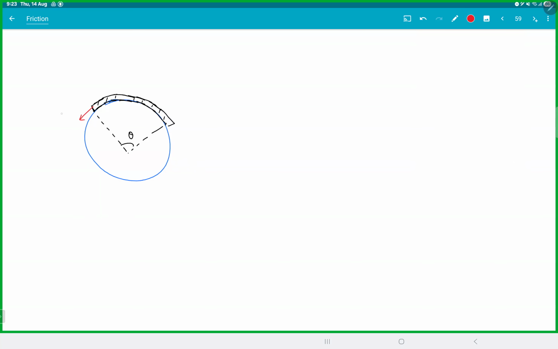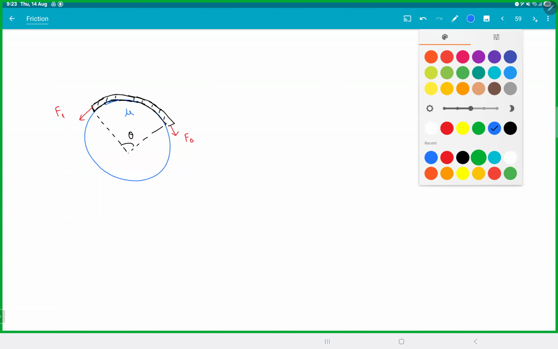If someone is pulling this side with force F, and let's say someone is pulling this side with some F naught. And if you want to slide this rope, now see, the rope can go left or right. The value will come out to be F1.